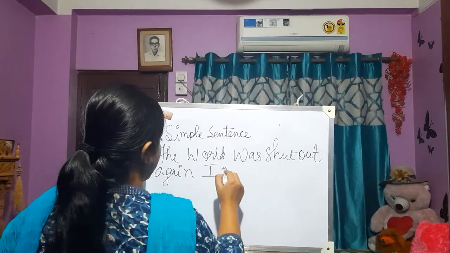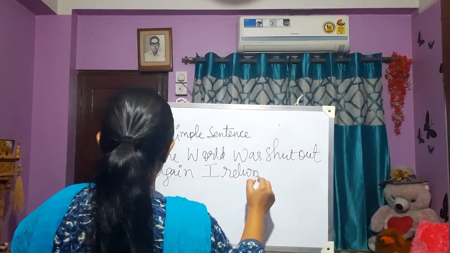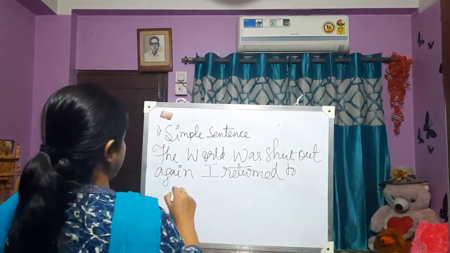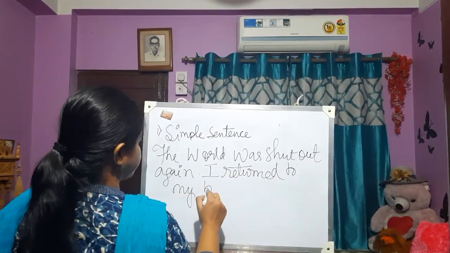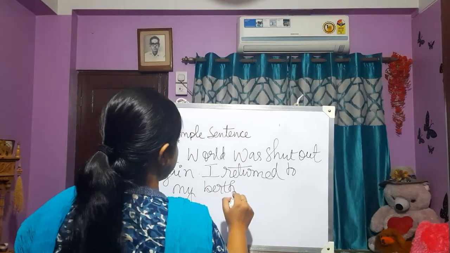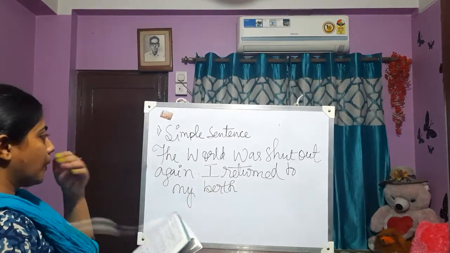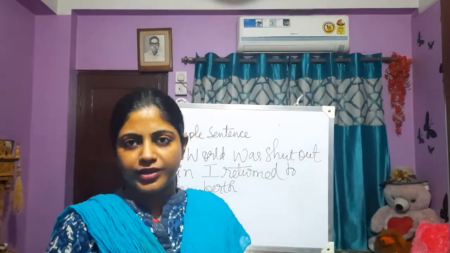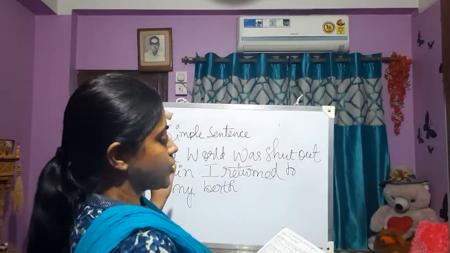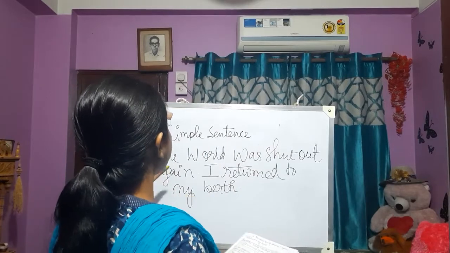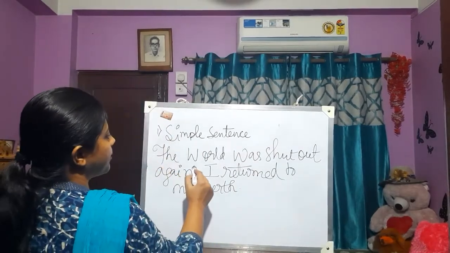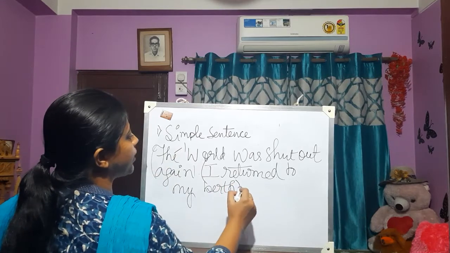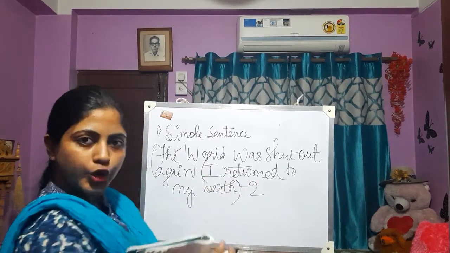I returned to my birth." Okay, this sentence is from the prose. So, "The world was shut out again" is sentence number 1, and "I returned to my birth" is sentence number 2.